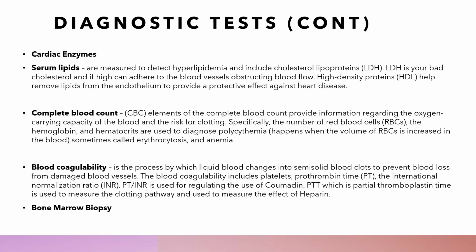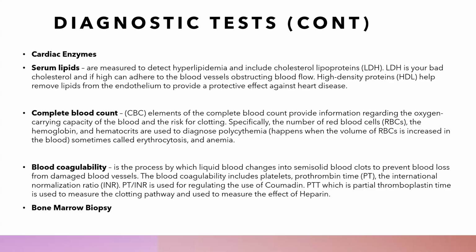Complete blood cell count, we've talked about that. That's our CBC. The CBC includes our white blood cells, which indicate infection, or can indicate whether or not the patient has leukemia or some type of anemia, if it's real low. Red blood cells specifically should be at normal levels.